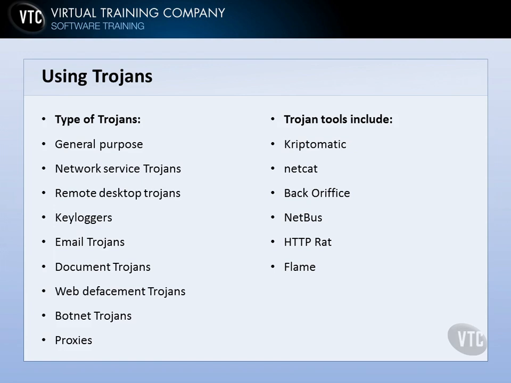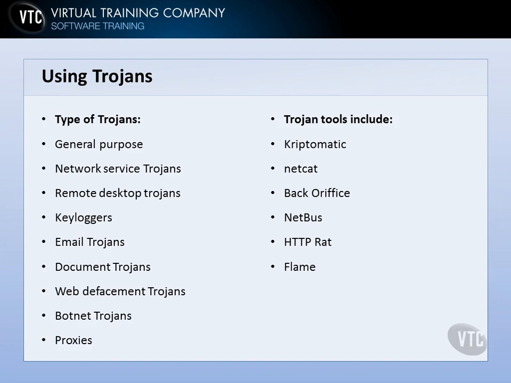They can cause random emails like spam to be sent, and that's one purpose of a Trojan, to send uncontrolled email. Another purpose might be to propagate itself through email. Document Trojans are basically embedded programs in a document. The user would get it, open up the document, and when they do, the Trojan is executed.